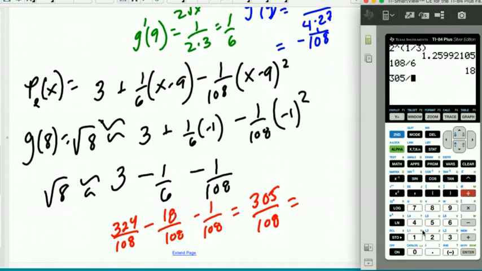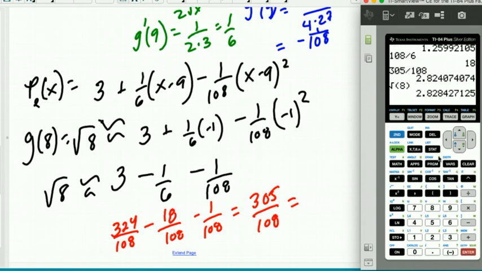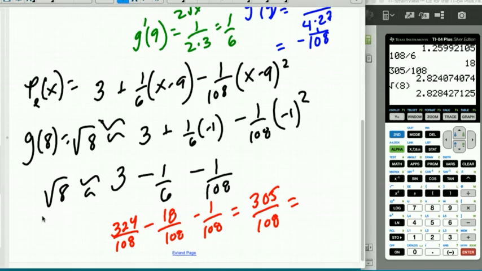But we're assuming that you didn't have that option. So there you go. So we can see that that's what my approximation comes out to, but if I do the square root of 8, you can see that's a pretty not awful approximation, right? So the actual value of this and the approximation are pretty close, which is yet another cool application of Taylor polynomials.